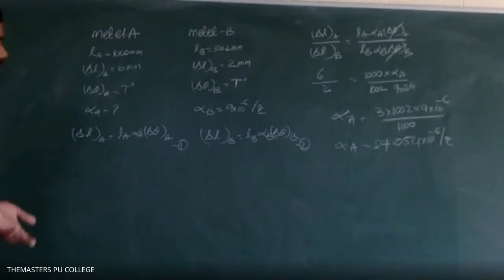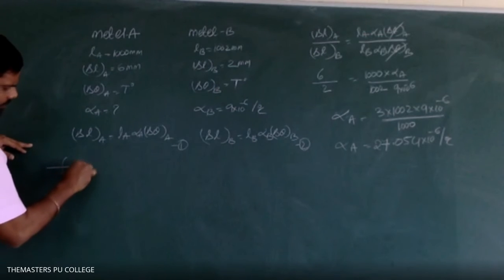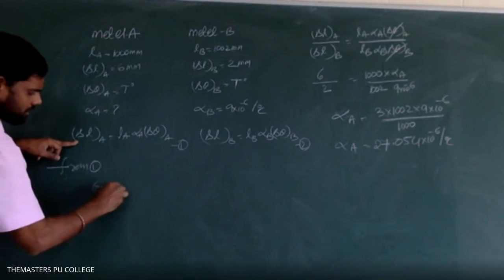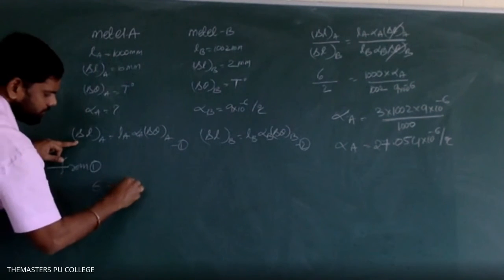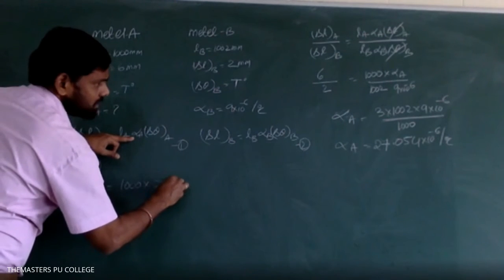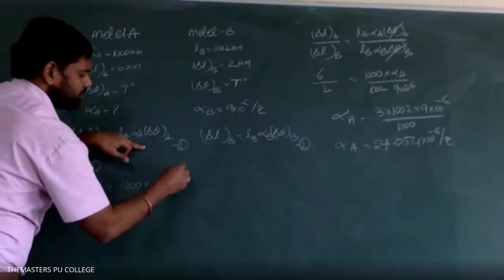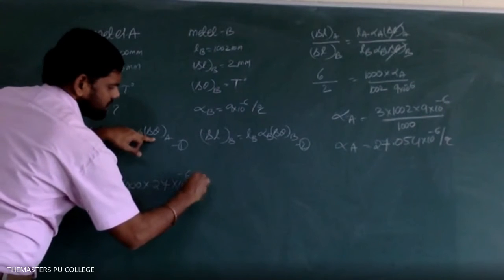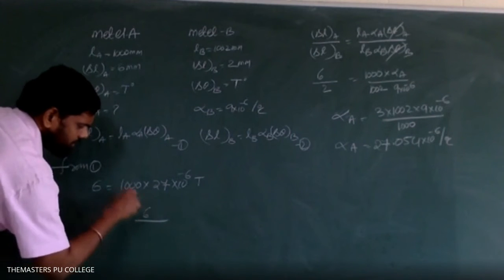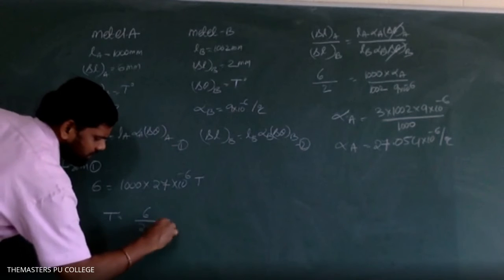So to calculate the T value, substitute that alpha A value here. From equation 1, delta LA is 6 equals LA, 1000, into alpha A, which is 27 into 10 power minus 6 (approximate answer, no problem), into delta theta, which is T. So T equals 6 divided by 1000 into 27 into 10 power minus 6, which is 27 into 10 power 3.